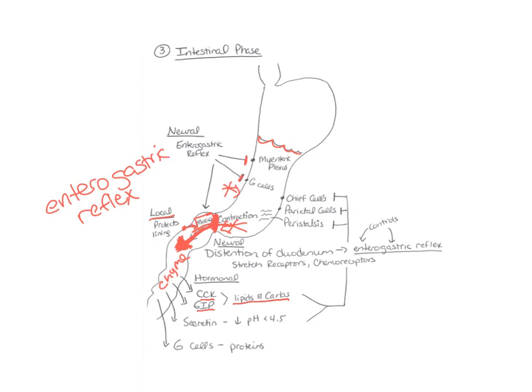When the chyme has a pH less than 4.5, the duodenal cells will release secretin. And when proteins are in the chyme, it will trigger the G cells of the duodenum to release gastrin.